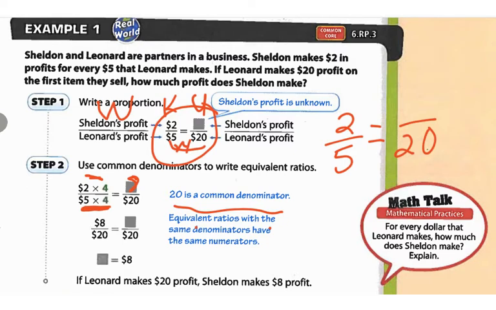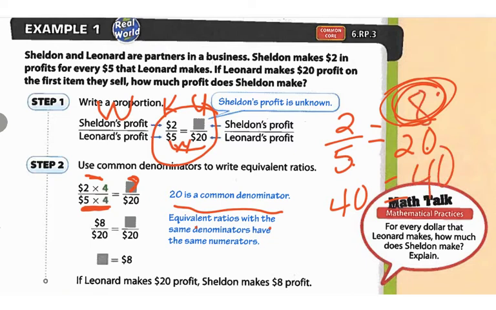So if I cross multiply here, 2 times 20 is 40. Then I know that 5 times whatever this is has to equal 40. Well, 5 times what is 40? 8, right? So you can look at it that way too, with cross multiplying.